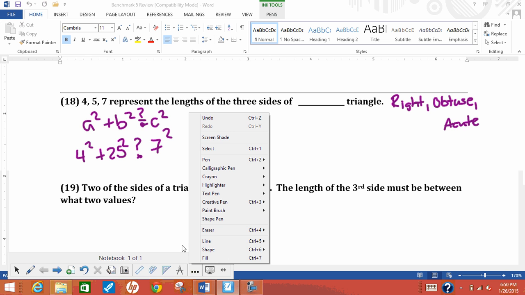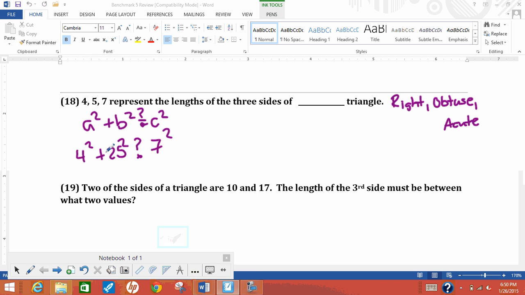Oops, got ahead of myself. Four squared is 16, plus 5 squared is 25. Sixteen plus 25 gives us 41. And 41 is less than 49.